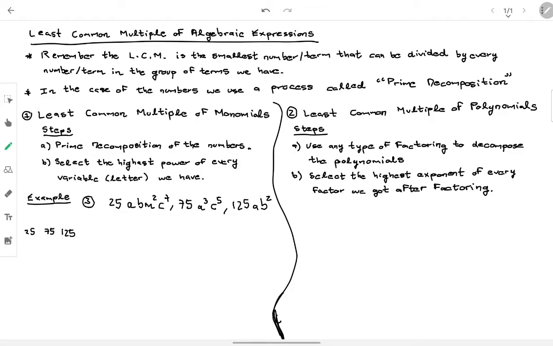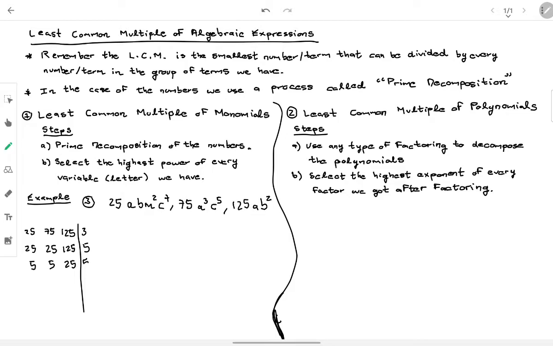So in this case, we can do the prime decomposition of the numbers. It's going to be first divided by 3. It's going to be 25, 25, and 125. Then we can use division by 5, and it's going to be 5, 5, and 25.